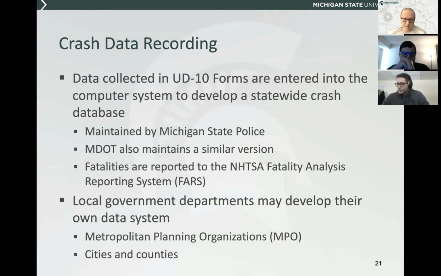Beyond that, you do have some level of localized data management systems. MDOT has a pretty good database, but that's specific only to the state trunk line system. Counties will often use RoadSoft. I don't know if you guys are familiar with RoadSoft. It's a GIS asset management system that was developed by Michigan Tech. I'd say probably 2/3 of Michigan counties are using that to track their crash data and some other asset inventories.